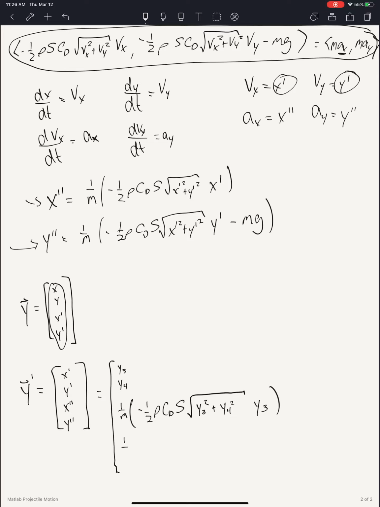And then y double prime is 1 over m times negative 1/2 rho c d s times the square root of y3 squared plus y4 squared times y4.